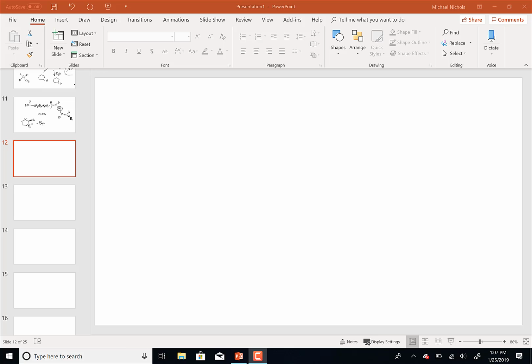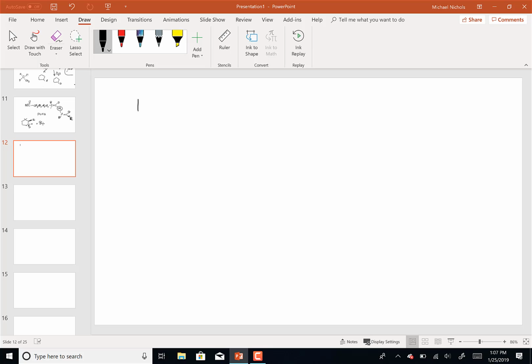Okay, so that's an alkyne with KMnO4 and acid. So what we're going to do is, for alkynes, whenever we react it with KMnO4, it's always going to cleave.